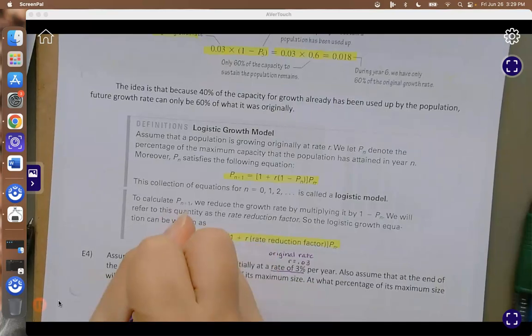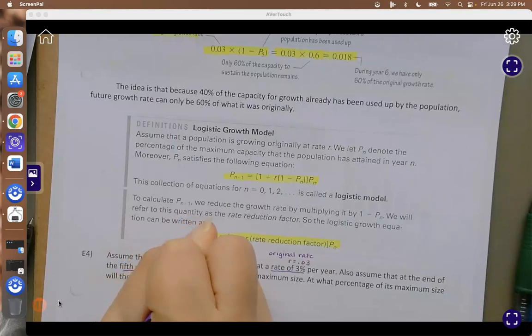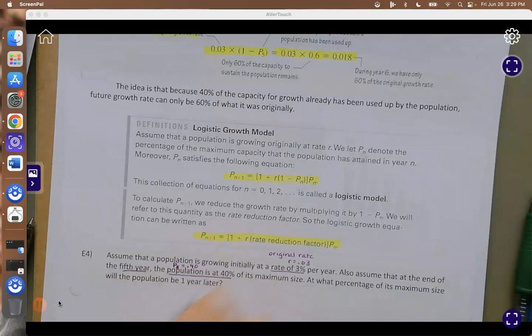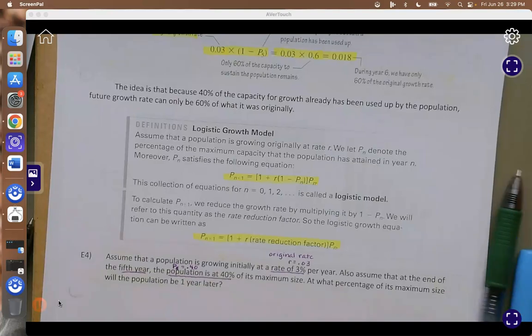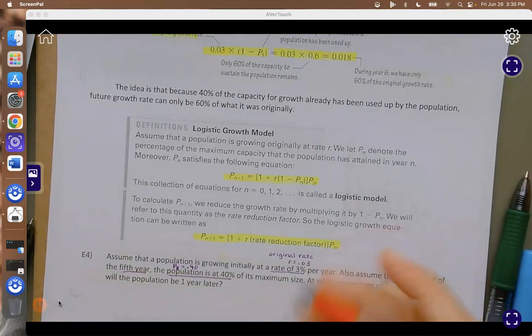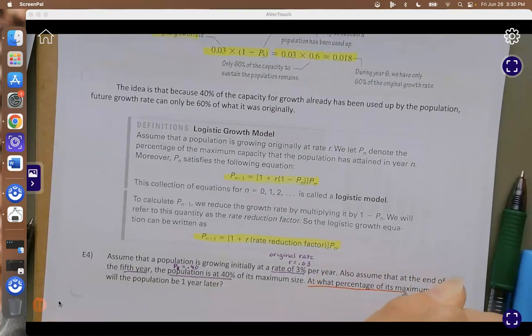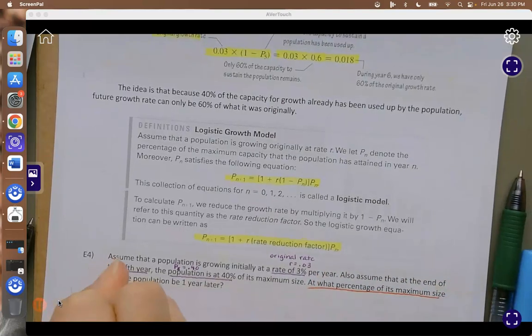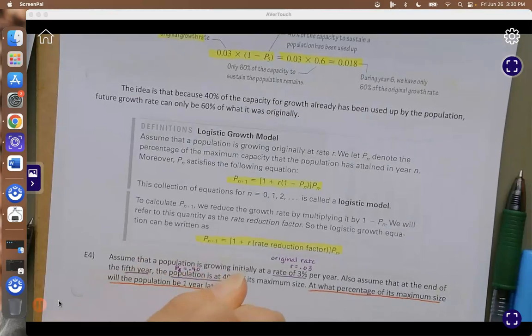So that means that P of 5 is 0.40. P of 5 is 0.40. At what percentage of its maximum size will the population be 1 year later?